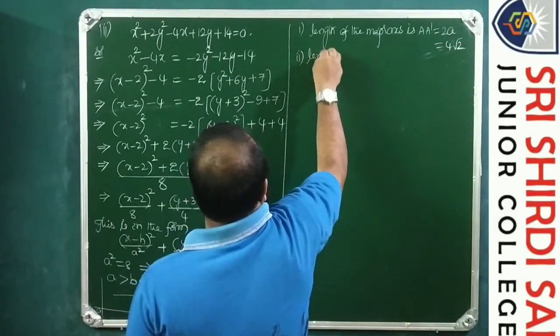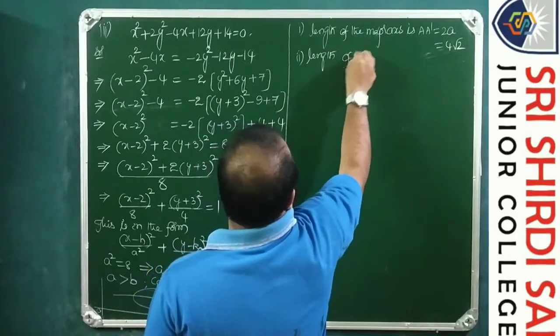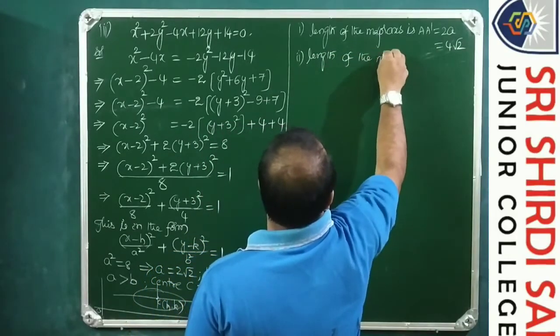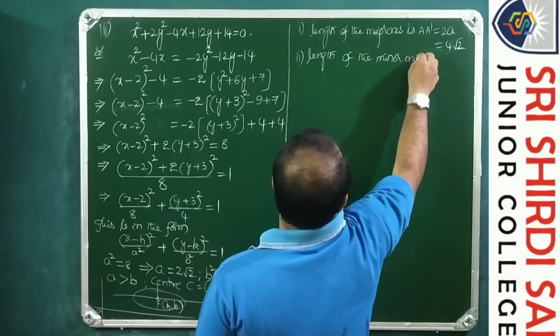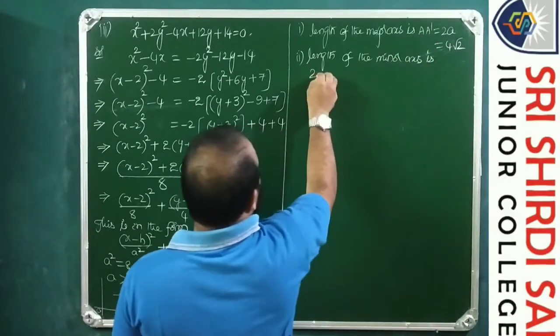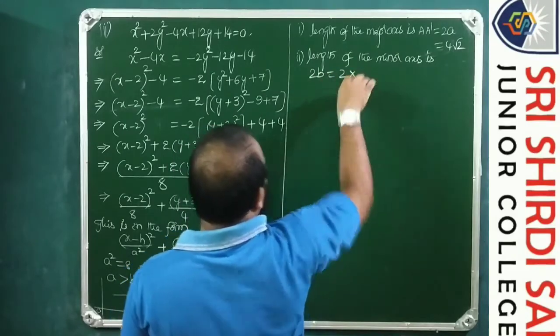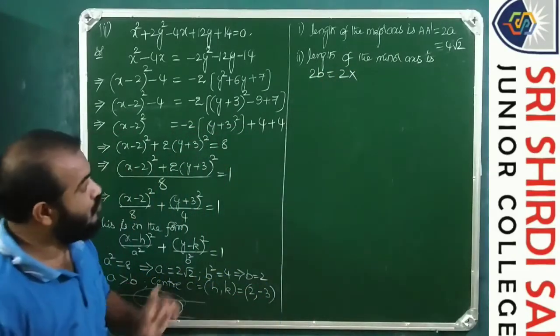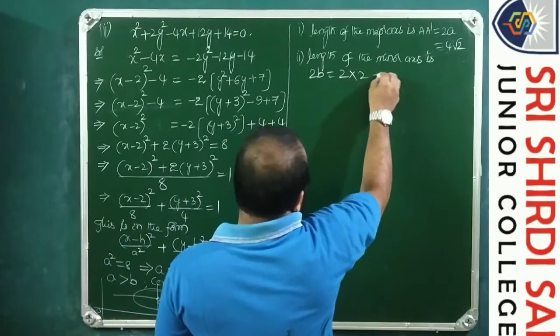The length of the minor axis is 2b. So 2 into the b value, which is 2, equals 4.